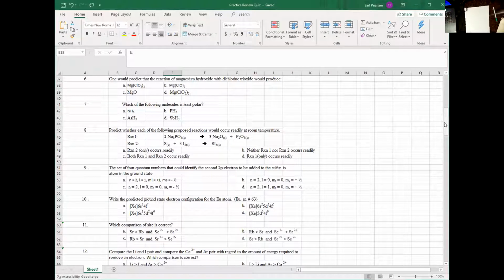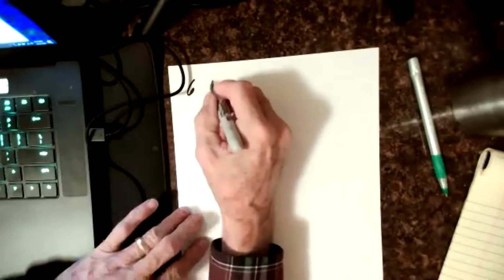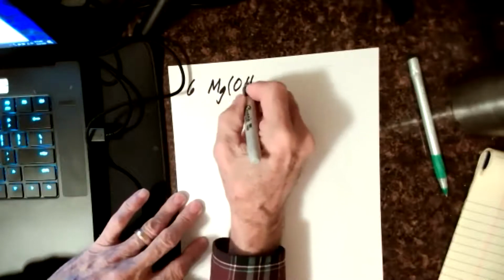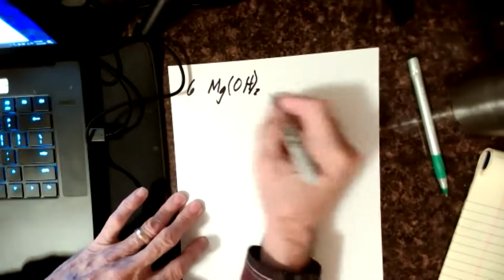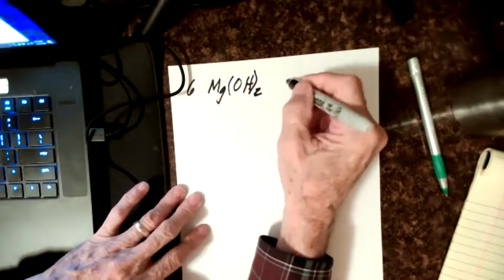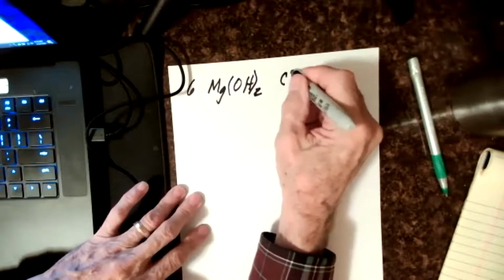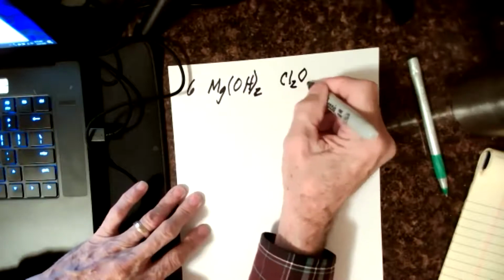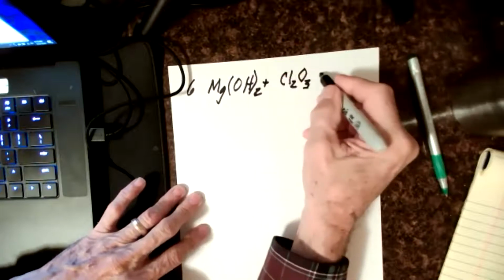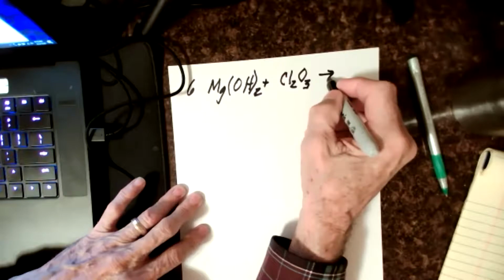So, well, maybe I better get over here. Number 6. So I'm going to get magnesium hydroxide. And now I'm going to react that with dichlorine trioxide, Cl2O3. And I want to know, what do I expect for the product?